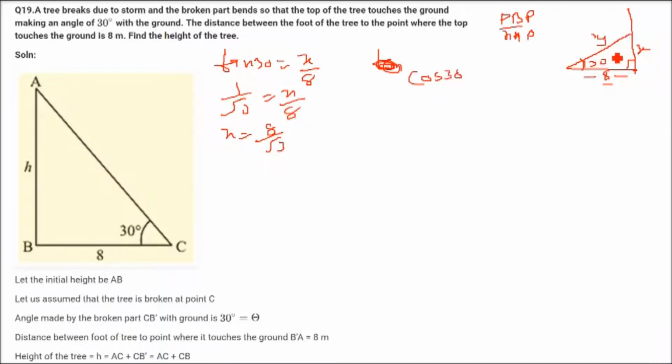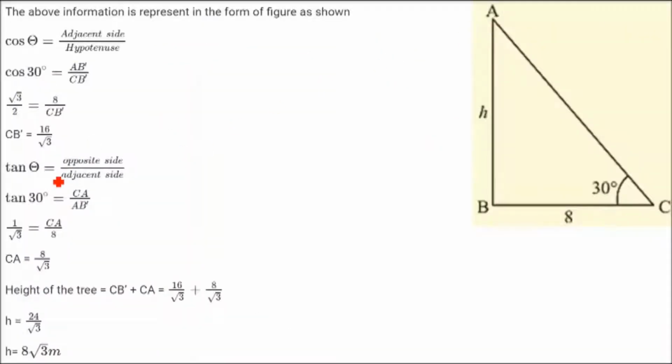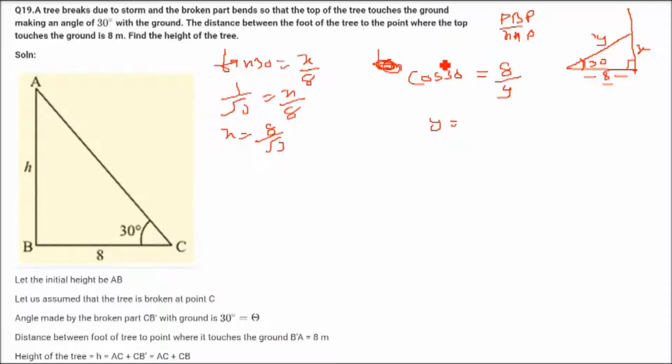Cos 30 is base upon hypotenuse. So it is 8 by hypotenuse y. Cos 30 is root 3 by 2, so root 3 by 2 equals 8 by y. What do you get? y is 8 into 2 by root 3. That is 16 by root 3.